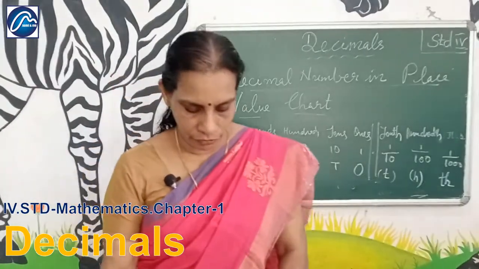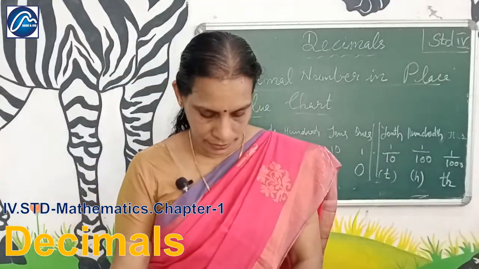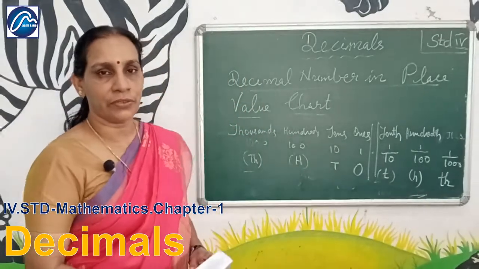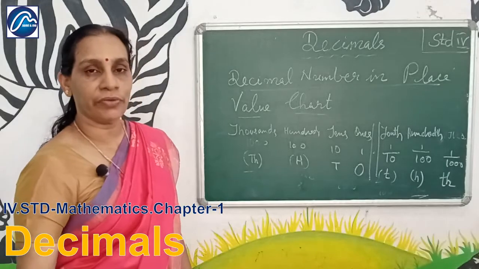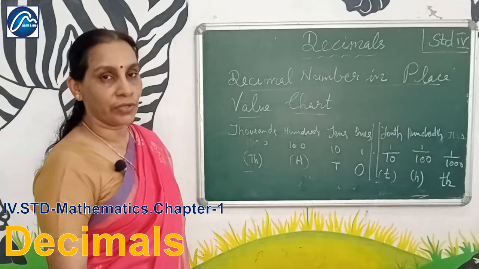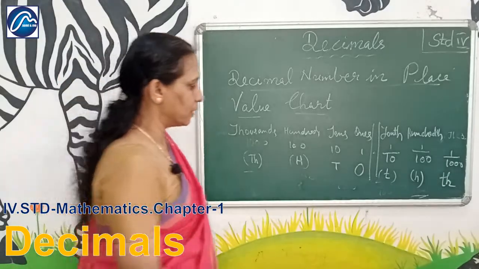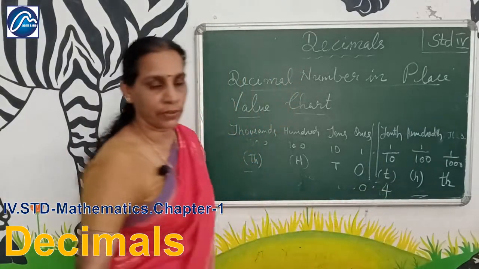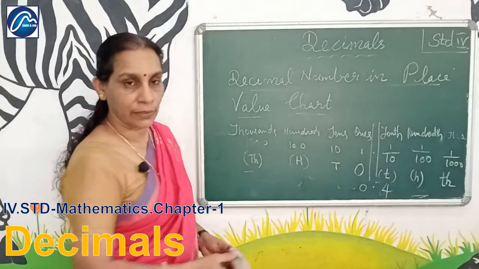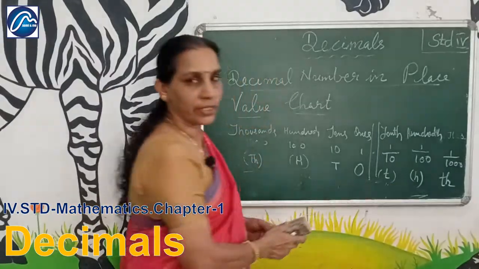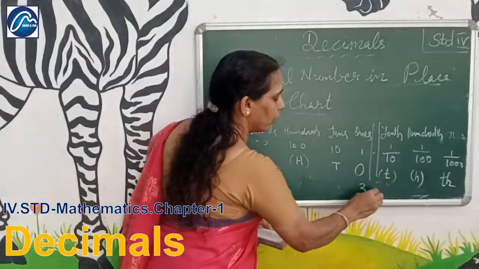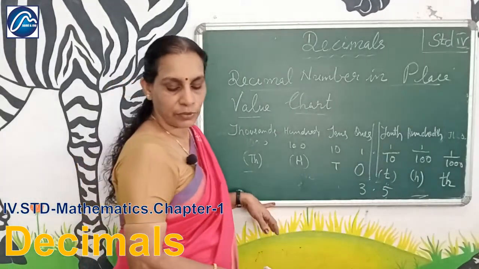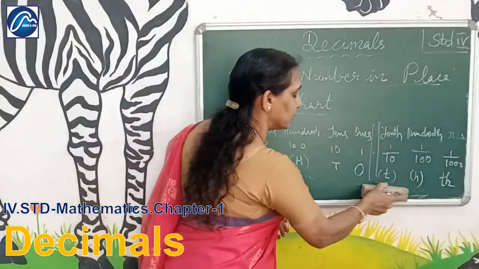Now you want to show some numbers in the place value chart. Suppose you are given 0.4. How will you show it in the place value chart? 0.4. Okay. Suppose you are given 3.5. How will you write it? 3 ones and 5 tenths. Then suppose 78.47.